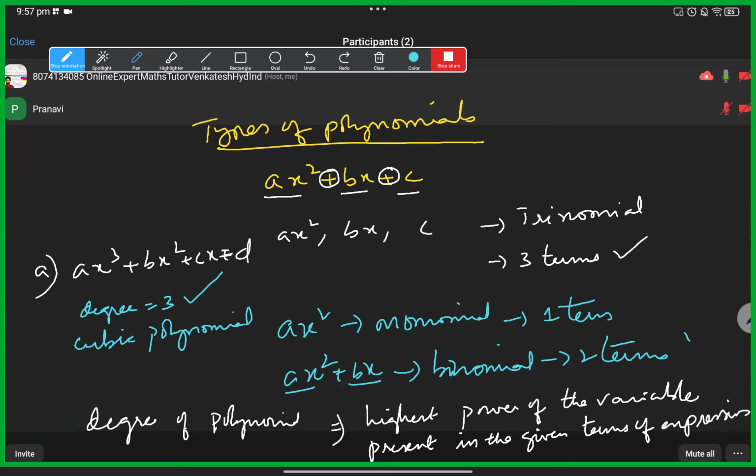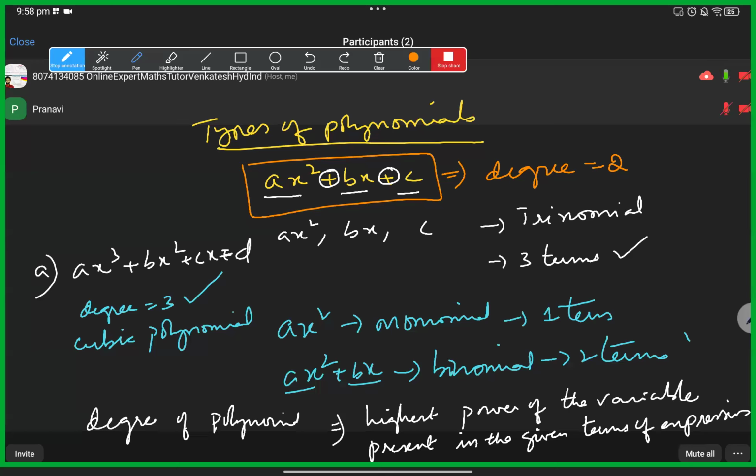Suppose in the first expression, the top one which I wrote, if you observe, Pranavi, the highest power of the variable present in each term: ax square is one term, bx is one term, c is one term. Highest is x square, x, and if you want, you can write x power 0. So x power 2, x power 1, x power 0, highest is 2. So the degree is 2.